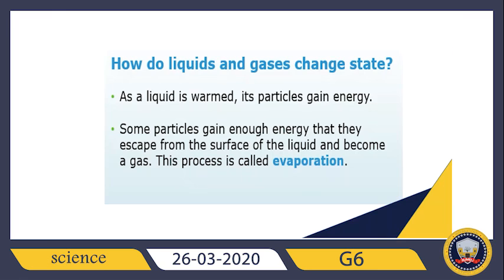This energy will be absorbed by these particles and will make them more free to move around. Some particles gain enough energy that they escape from the surface of the liquid and become gas, and this process is called evaporation.